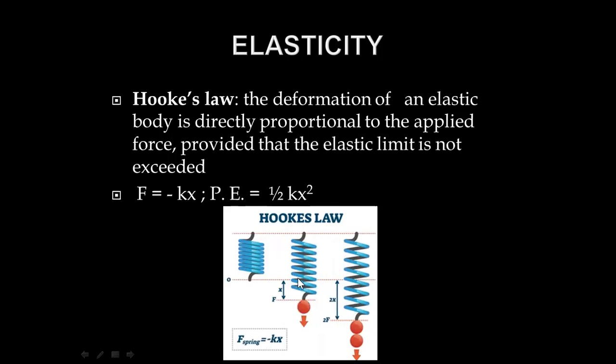Now, the force exerted on the spring is equal to negative kx, or negative spring constant multiplied by the displacement. Why is it negative? It is negative because the force is in a downward motion.